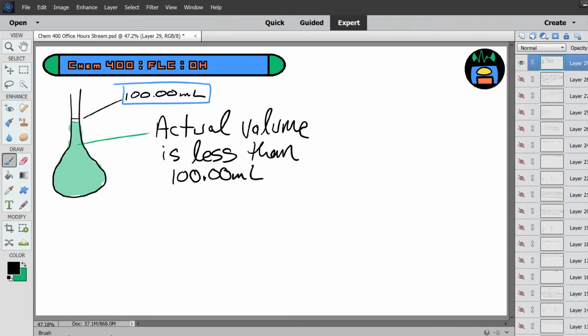But you don't know how much less. So you would still end up using 100 milliliters in your calculation, even though the actual volume was less.